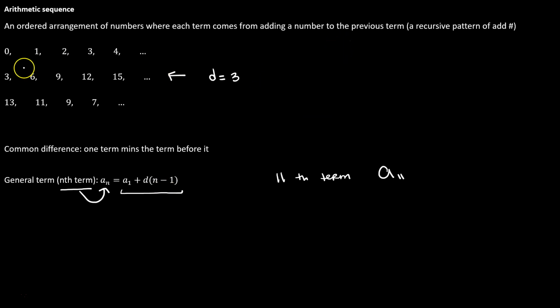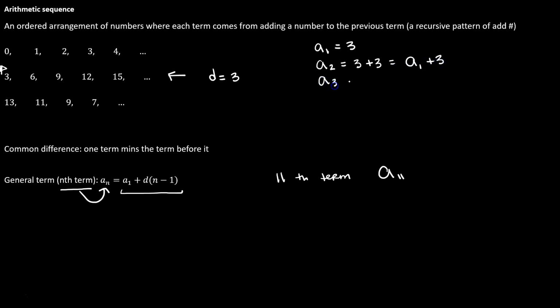If we're continuing working on this second sequence on the screen, 3, 6, 9, 12, 15, etc., we know our first term, a sub 1, is equal to 3. And we found in our pattern that the next term, a sub 2, was just 3 plus 3. And that came from our first term, a sub 1, plus 3.